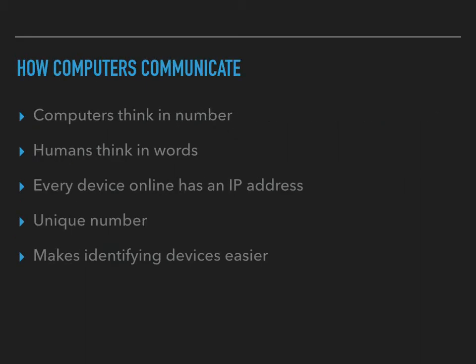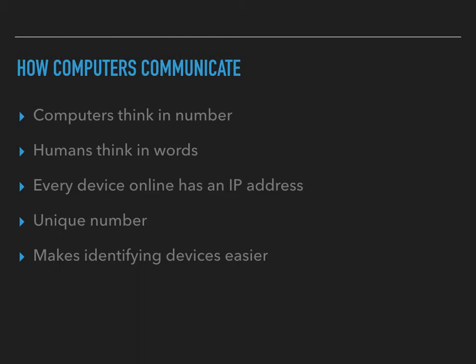Now let's talk about how computers communicate. Computers have always and will always think in numbers, and humans think in words. So every device online, be it your iPhone, your Android phone, your iPad, your Kindle, HD Fire, they all have an IP address, or an Internet Protocol address.